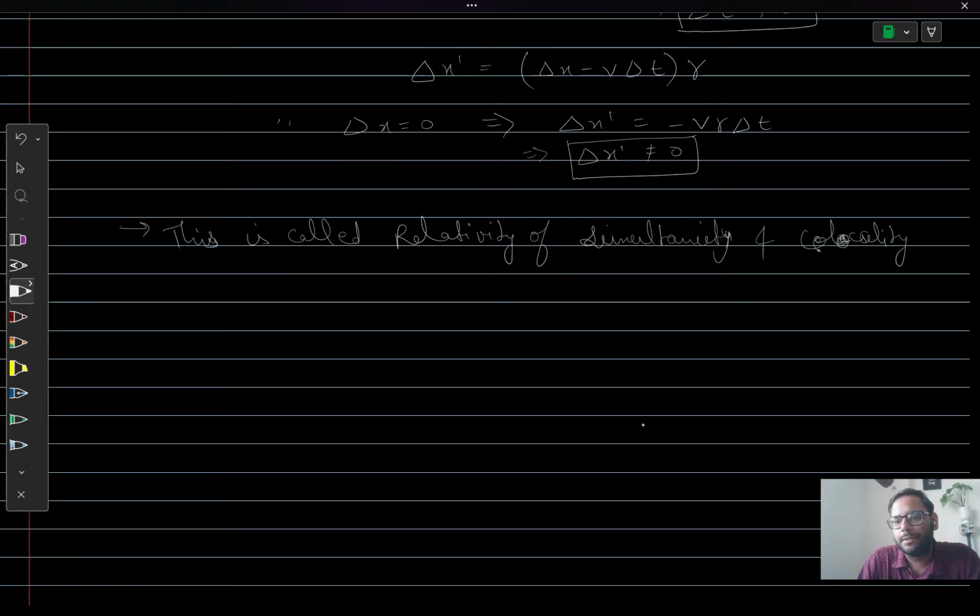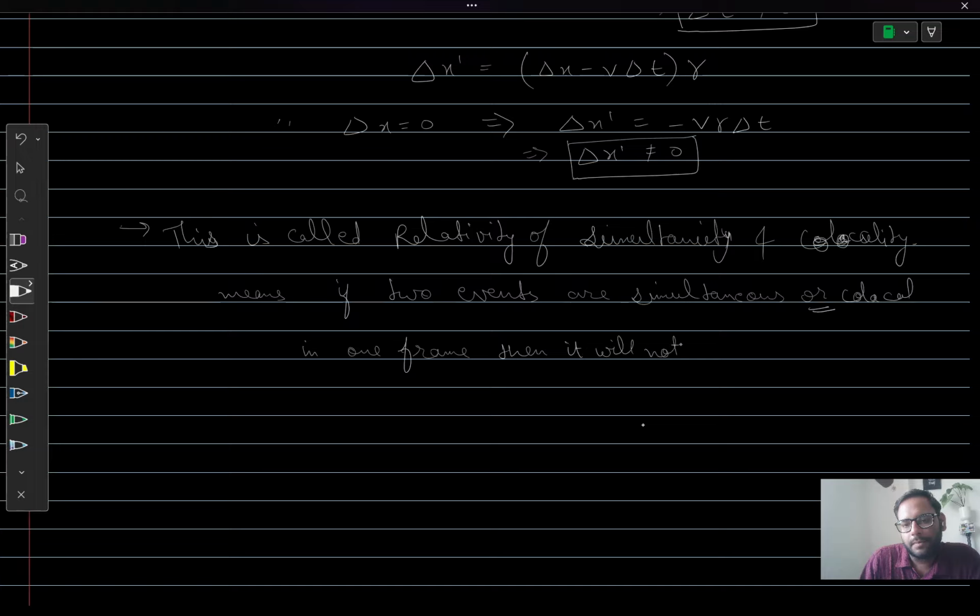This is O. This is also O. Co-locality means if two events are simultaneous or co-local in one frame, then it will not be the same in another inertial frame.